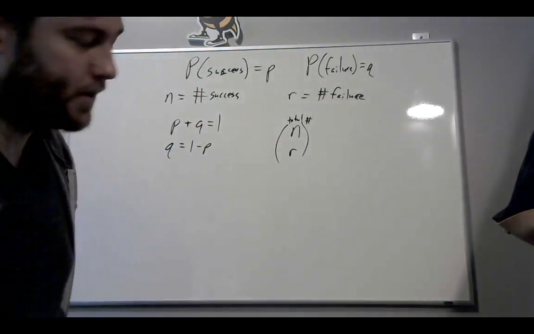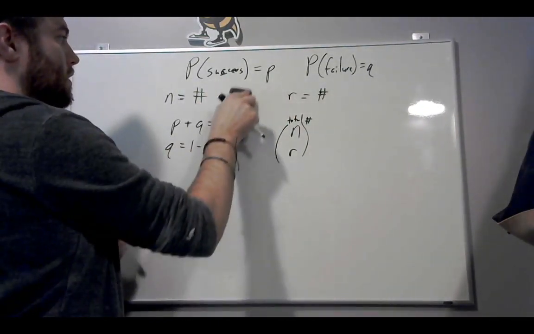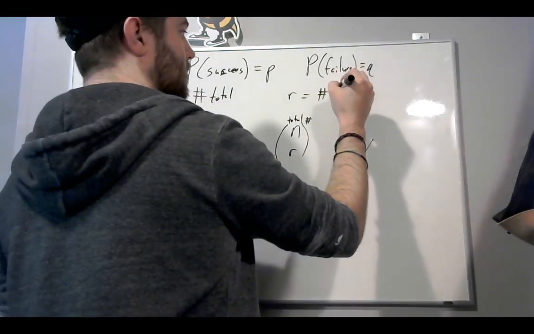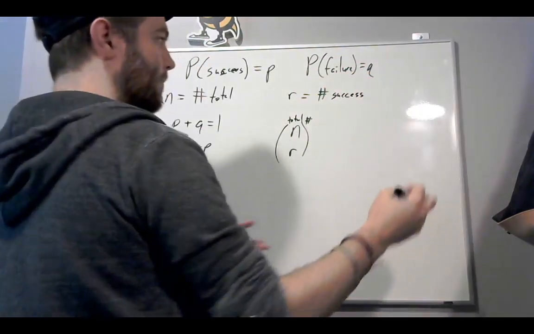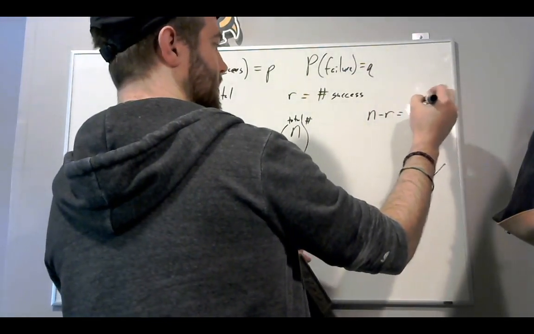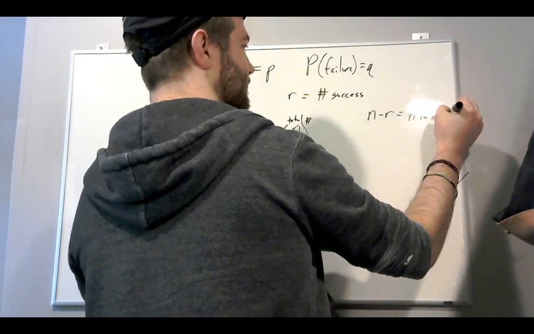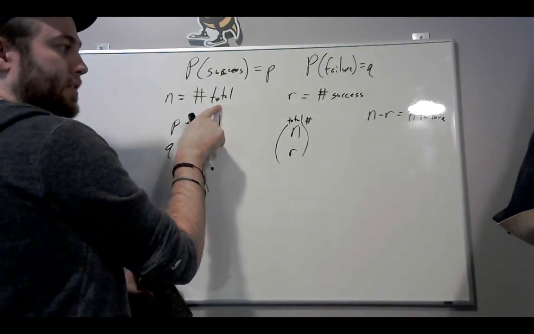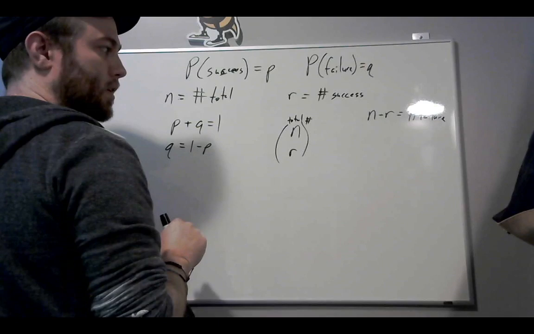I should really write it that way. So n minus r is going to give you your number of failures. That's better. So n choose r: our total number of chances, and we're trying to choose how many successes we want to happen.